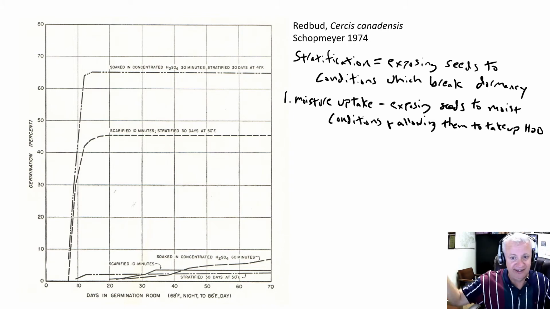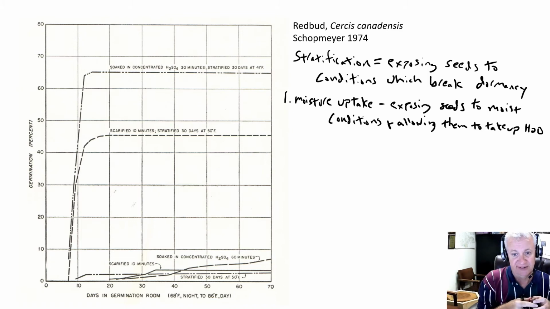But in reality, stratification refers more broadly to the suite of environmental cues for any particular seed that will break dormancy. Like I said, sometimes people use the term specifically to mean putting seed, for instance, in moist peat moss or on moist paper towels to allow moisture to be taken up. They'll sometimes just call that stratification.